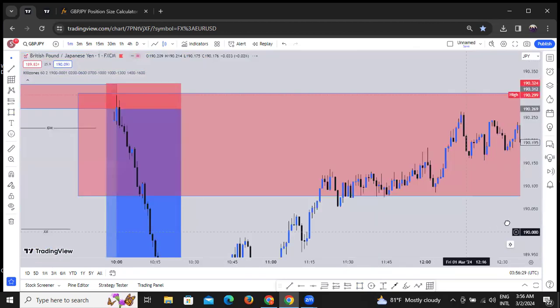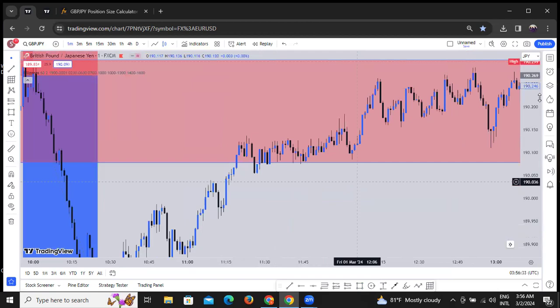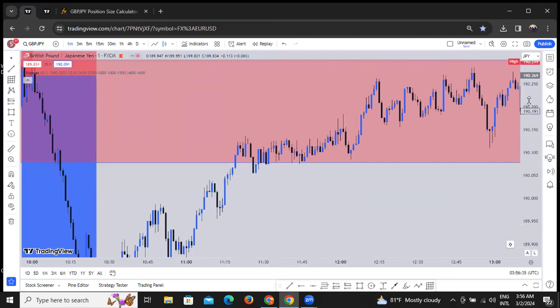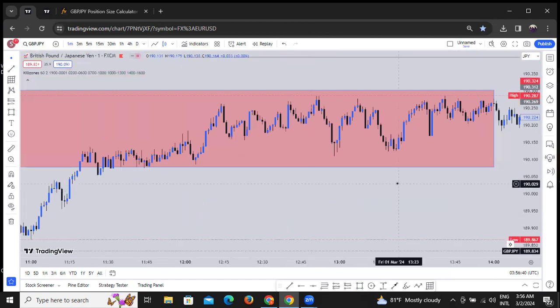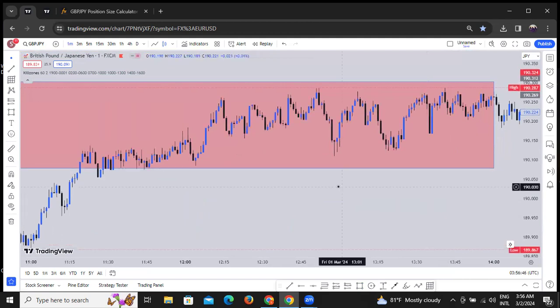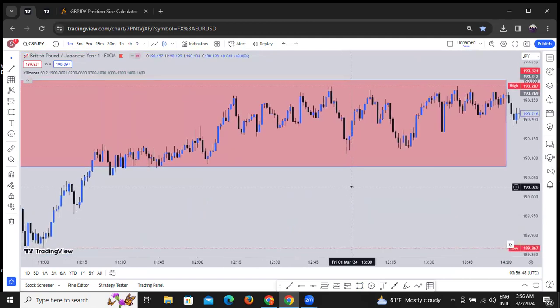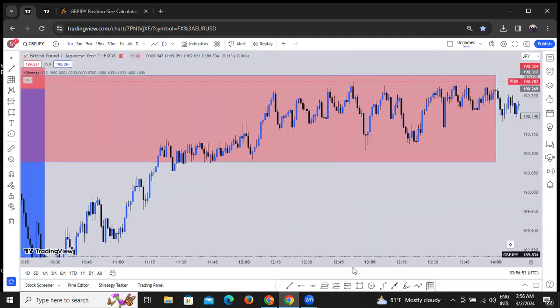So this is our last entry and this is our zone again. Right here, the market was playing around, manipulating a lot, but our strategy remains our strategy. Now remember, this zone is from higher time frame, not from lower time frame. So we have to consider everything in place.